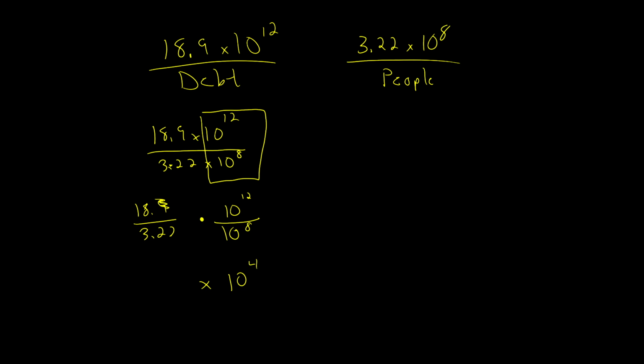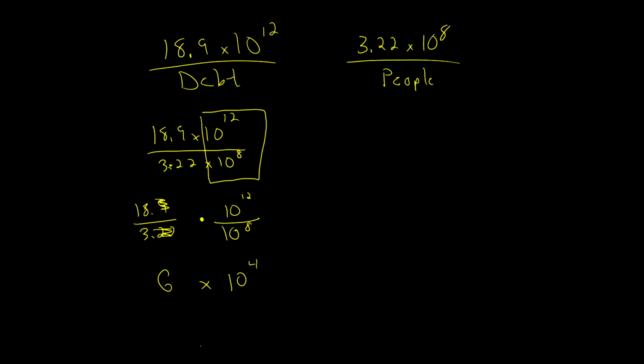I'm going to guesstimate. I'm not going to be so exact on the calculator. I'm going to say that's close enough to 18, and that's close enough to 3. I'm going to round them both down because I'm doing a division. And that's about 6.